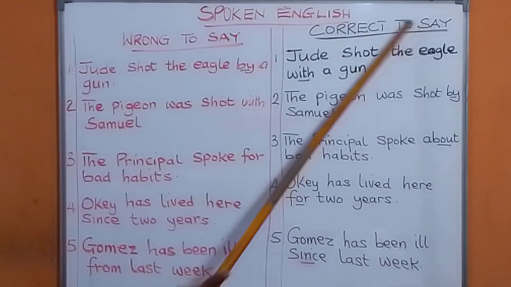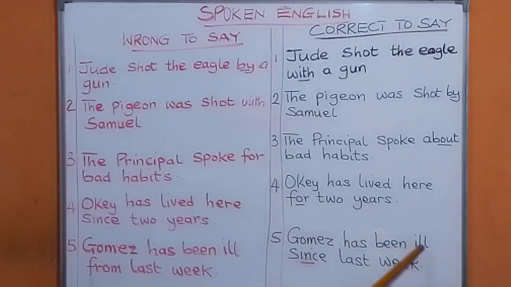The correct way to say that is, Gomez has been ill since last week. Do not say, Gomez has been here from last week. Gomez has been ill, that is sick, since last week. You say, Gomez has been sick, or Gomez has been ill since last week.